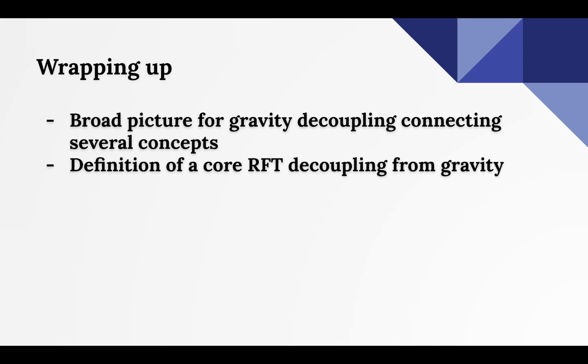We give a definition for the core rigid field theory that decouples from gravity in terms of monodromies and diverging charge to mass ratio, so both physical and topological terms. But we also present some conditions that can be checked at the level of the EFT action, and that should be satisfied to claim the decoupling.